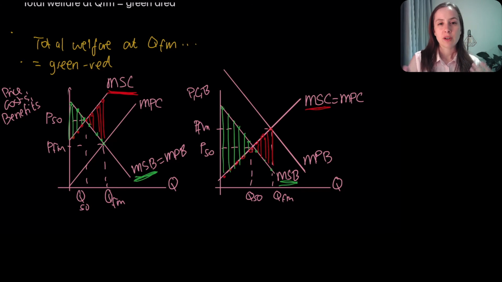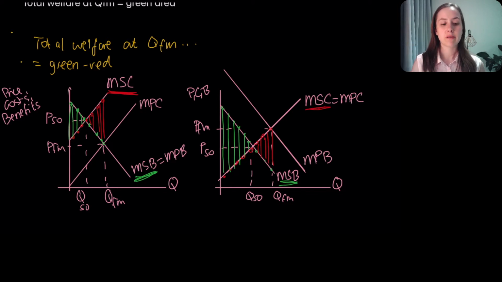So we've kind of got a combination where some units actually added to create a really positive social benefit. That's all the units up to QSO. And then the units beyond QSO, having higher costs than benefits, actually ended up generating a bad impact to society.